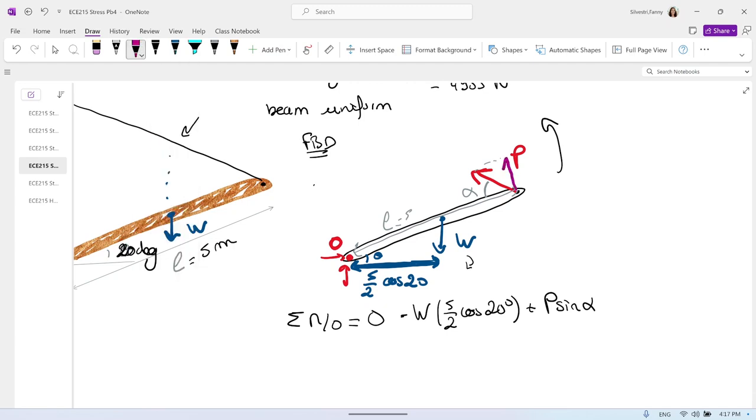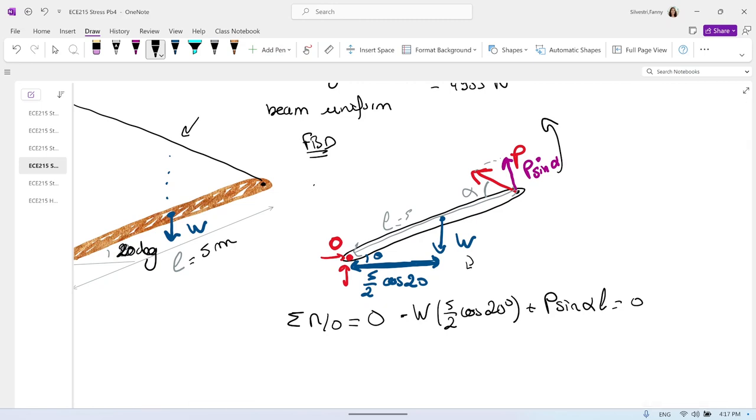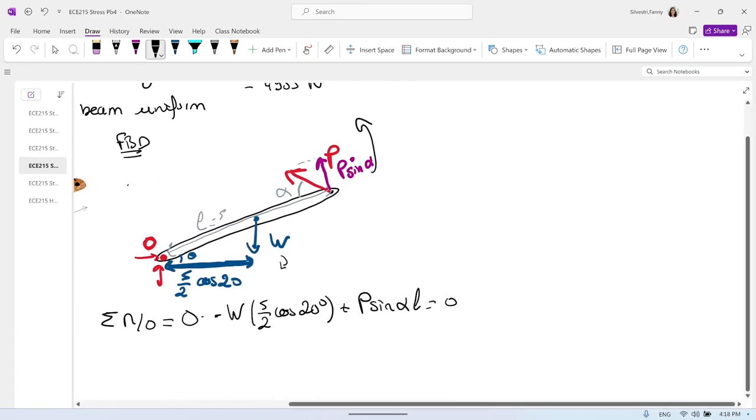So we want to find this complement, P sine alpha, times the distance L equals 0. So we can find P. We are missing alpha, so let's find alpha before we can solve this equation.